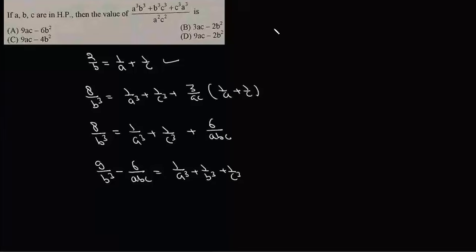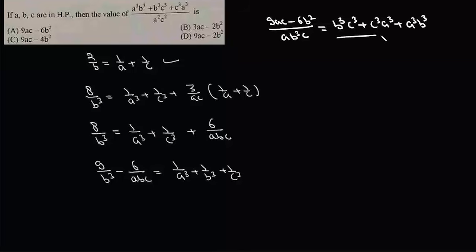Now if we simplify this, we'll get A B cube into C, and here will be 9AC minus 6B square, equal to B cube C cube plus C cube A cube plus A cube B cube upon A cube B cube C cube.